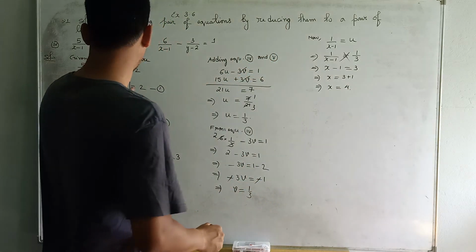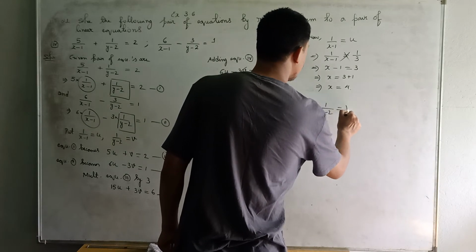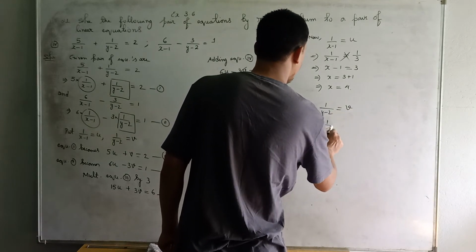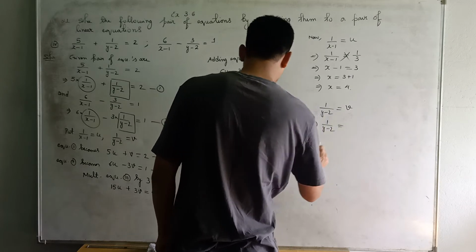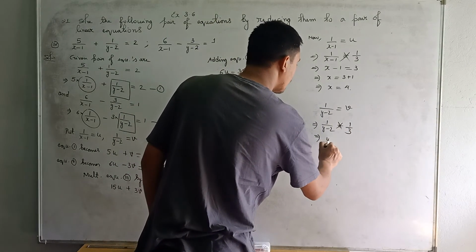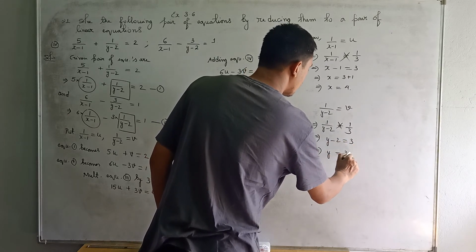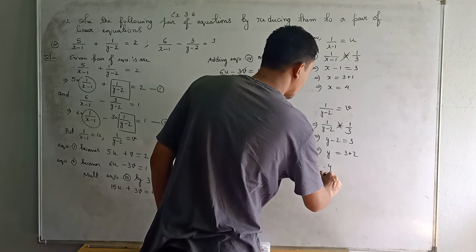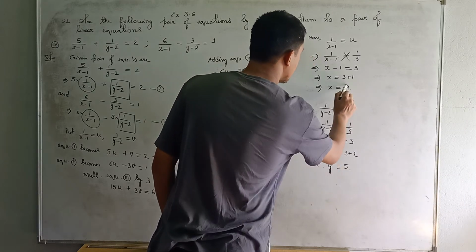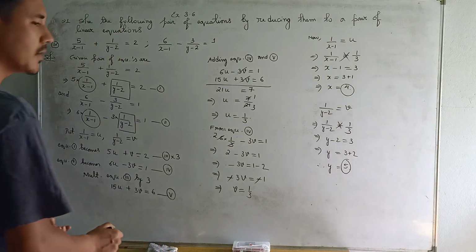And then 1 by y minus 2 you have considered to be v, and your v is also 1 by 3. Cross multiply, then y minus 2 will be equal to 3. Then y equals 3 plus 2. Therefore x equal to 4, y equal to 5 is the solution for your given equations.